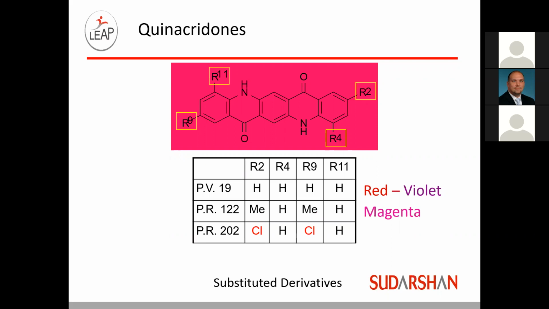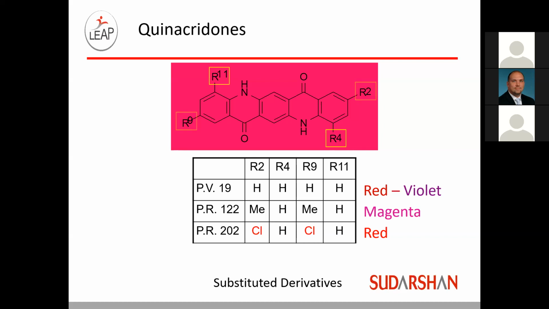Now if we change that number 2 and number 9 position to hold a chlorine, then we get Pigment Red 202, which is a nice red in color.